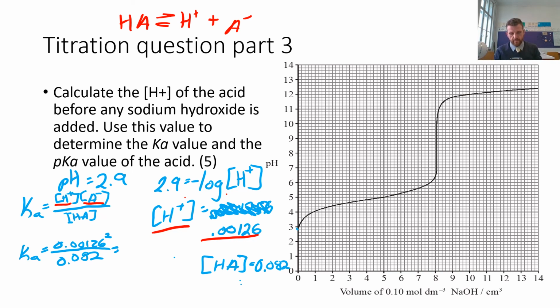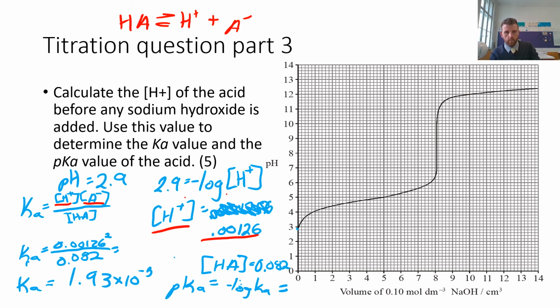Then we get answer squared divided by 0.082. Oops, God, just struggling today. Ka equals 1.93 times 10 to the negative 5. And then pKa is equal to the negative log of Ka, which is equal to 4.71.